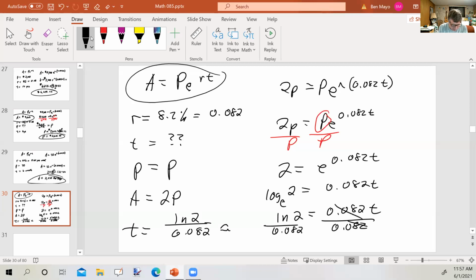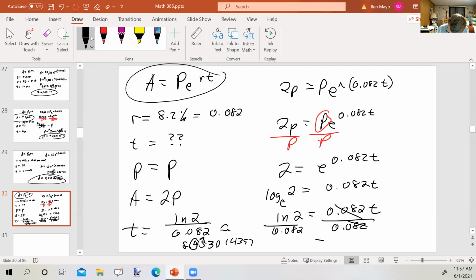Okay, so natural log of 2, close it up, divided by 0.082. And we get 8.45301439. They rounded to the nearest tenth of a year, so the 4 would be the tenths spot and the 5 would round up.